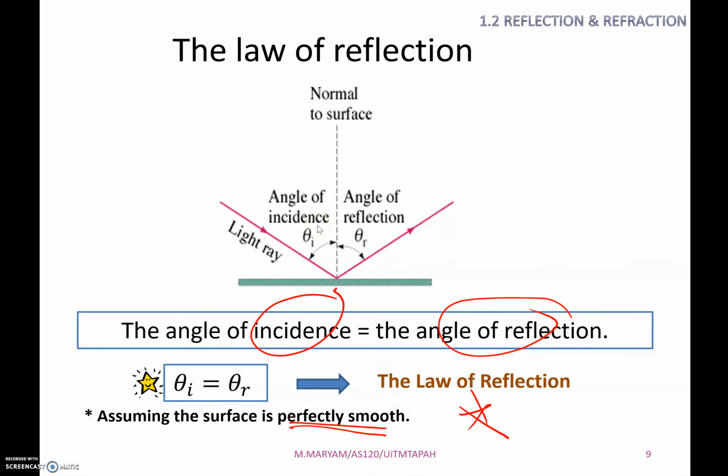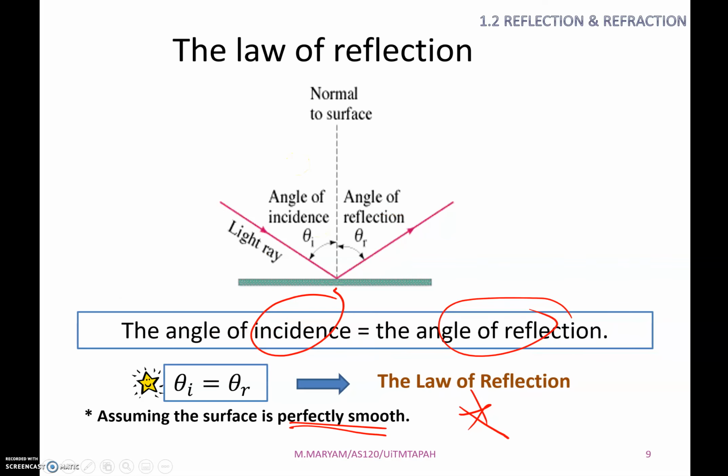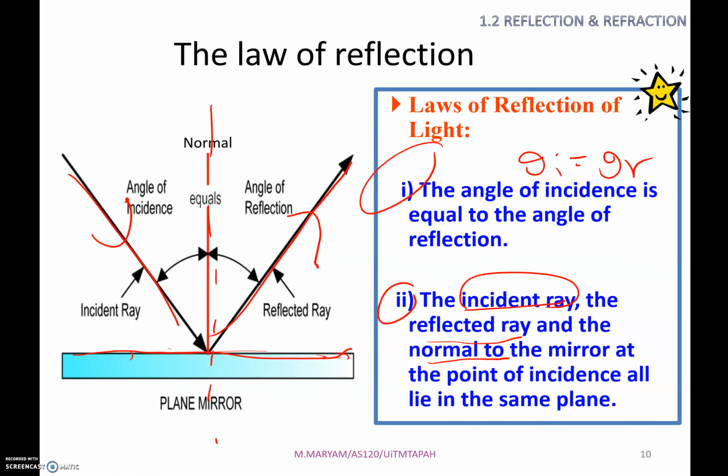On top of the surface, let's go to the previous slide, we have the incident angle, which is theta i. We have the normal to the plane, which is perpendicular to the surface, as well as the reflected ray, where it creates the angle of reflection. All three must be on the same plane. That will be the second law of reflection.